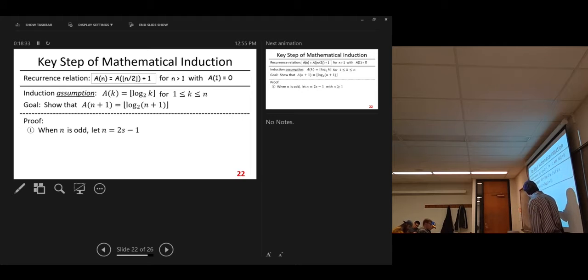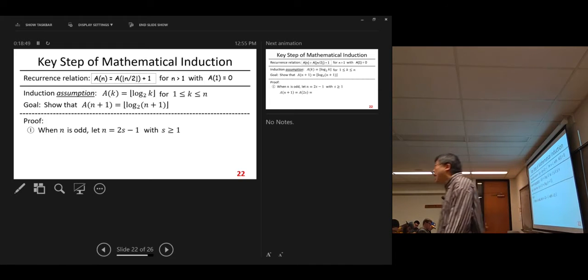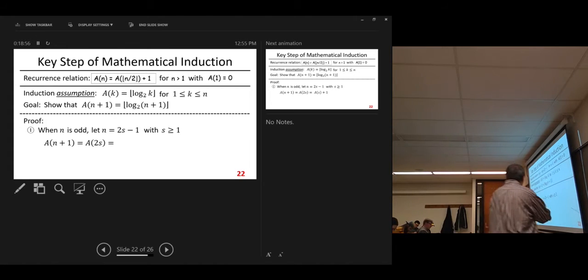Let n equal 2s minus 1. For an odd number, we can write this general expression: 2 times integer s minus 1, with s greater or equal to 1. Now let's evaluate a of n plus 1, which is a of 2s.